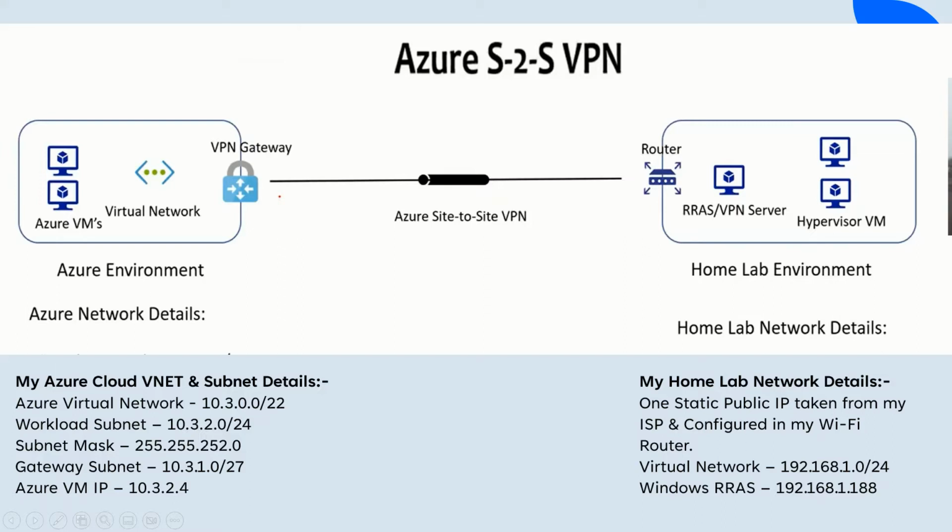In our scenario, since we do not have routers, the traffic coming from our on-premises home lab to my Azure subnet will be routed through this RRAS server, and then it will go through my Wi-Fi router and connect with the VPN gateway, talking to the VPN gateway directly through a demand dial interface, and connecting to my Azure network. Below, again, is the same IP network detail for my Azure infrastructure side and home lab side. So pretty much the same.